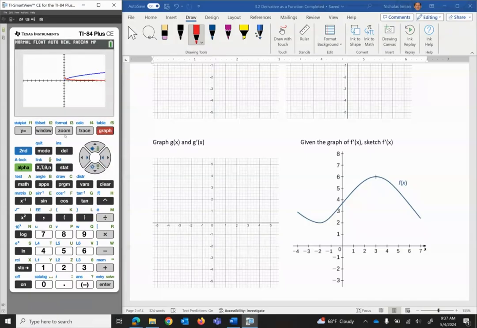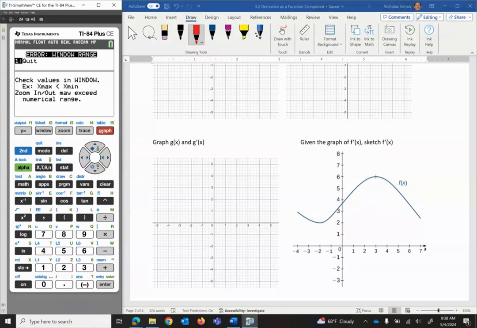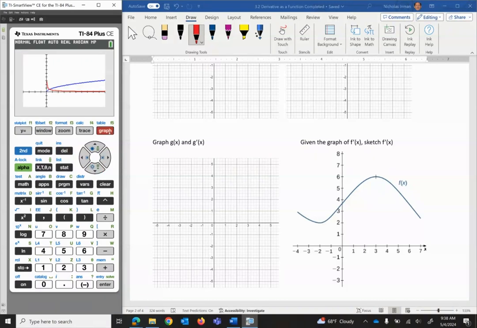All right, so our graph and its derivative at the same time. All right, so notice the two kind of work together.